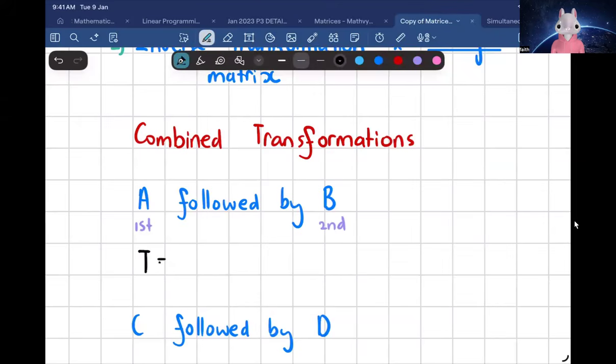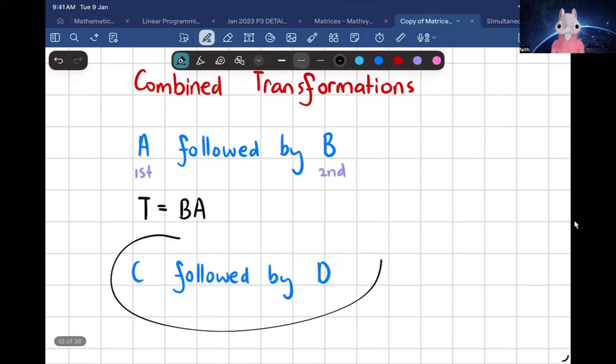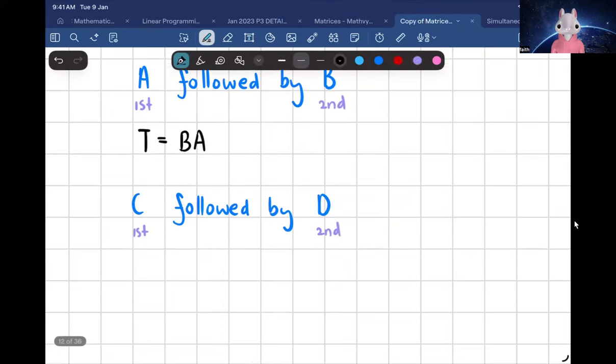If you want to figure out the combined transformation, say T, it would be equal to the second by the first, always. Look at this example. What is the first there? C. And what is the second? D. So the combined transformation T would be given by what?